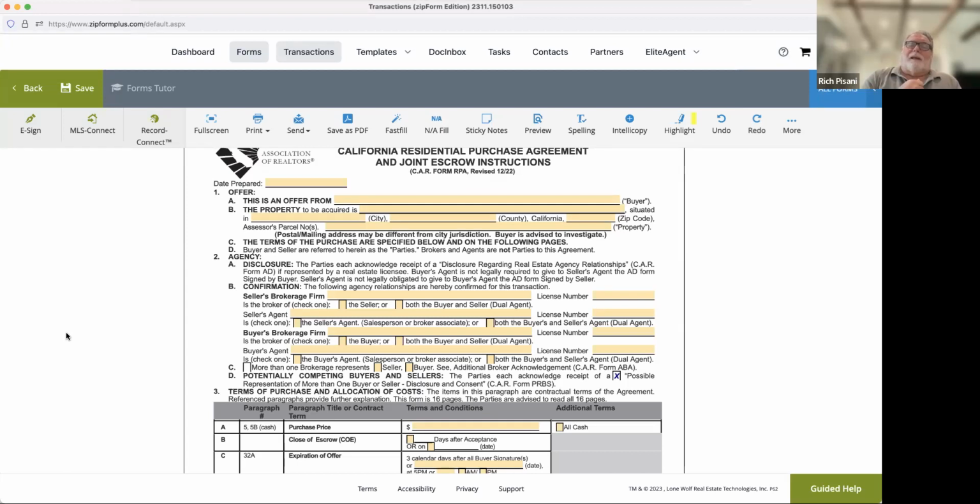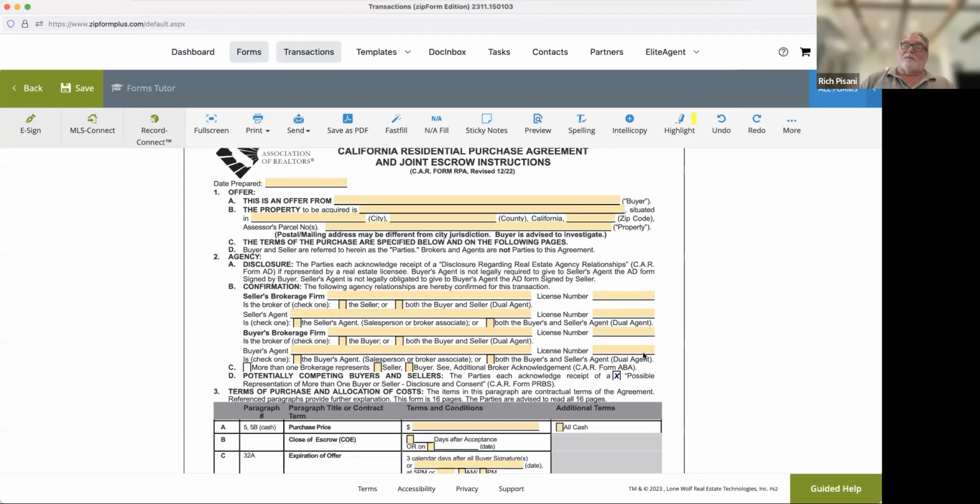So is the brokerage representing only the seller, or are they dual agent? Also an important note: what if it's a for sale by owner and you're not representing the seller? That happens. So you're not representing the seller, and you leave it blank.